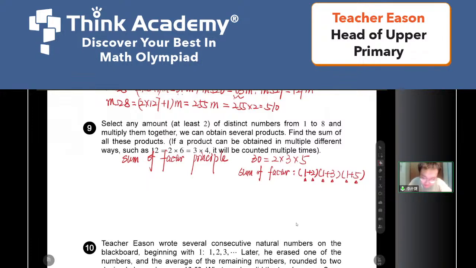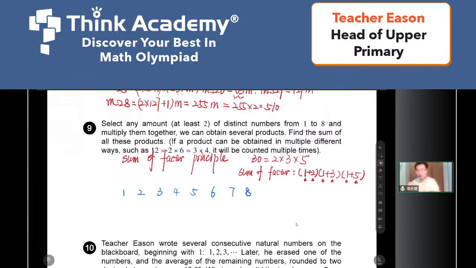So now we have 1, 2, 3, 4, 5, 6, 7, 8. We have these 8 numbers, and we have several products using numbers among them. So then we may treat these 8 numbers as 8 factors.